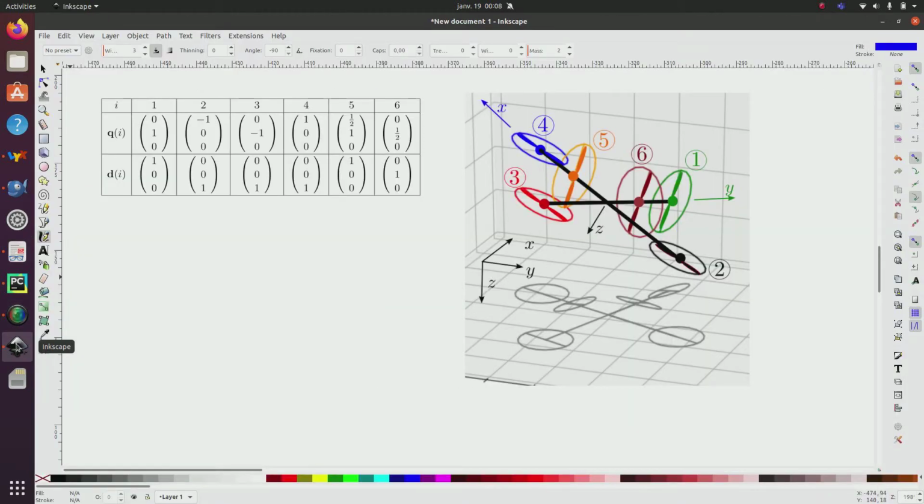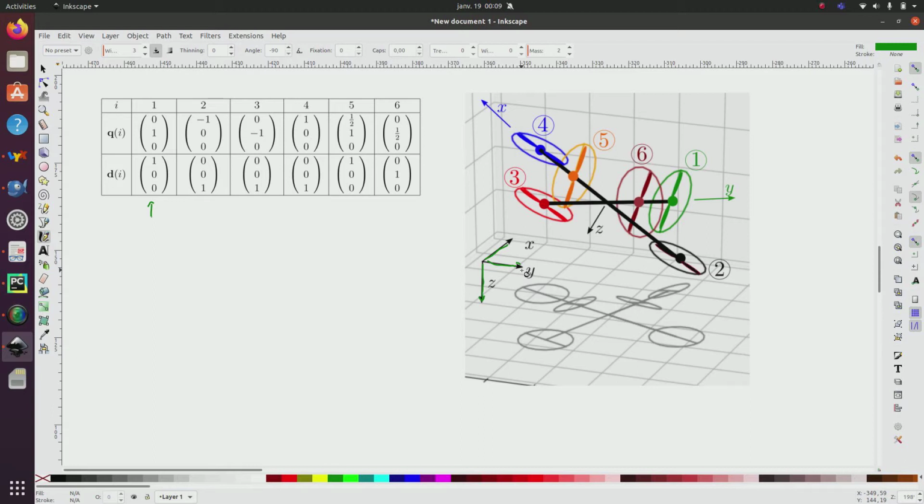Okay. So how to understand this table? Let me consider, for instance, the first one. We have the quadrotor which is given here, which has a direction x, y, and z is oriented downward. Also in the world frame, I have this orientation, z, x, and y, so z is also oriented downward.